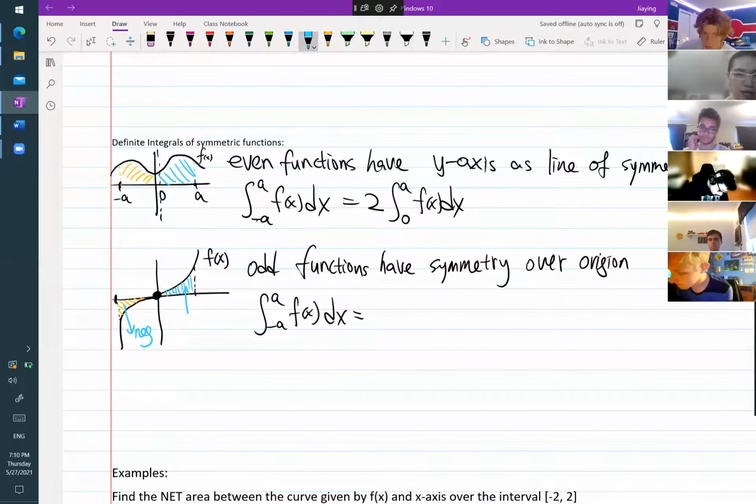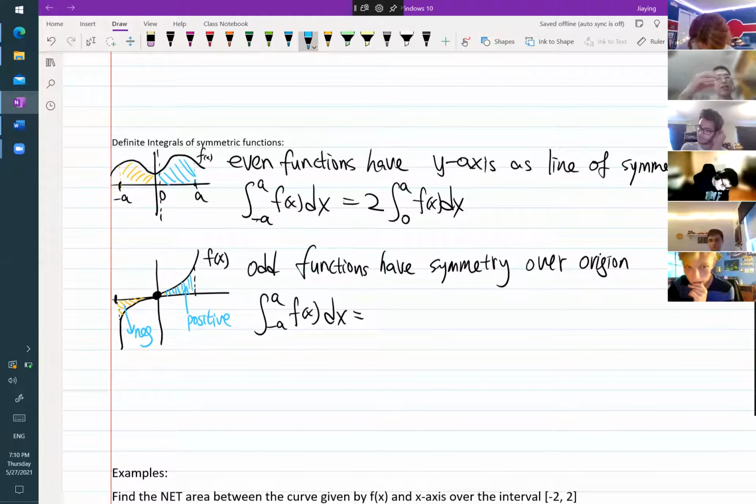This part is a positive. So for odd functions, one side is a negative area, the right side is a positive area. When you add them together, that will be the integral from negative a to a. So you should get a 0.